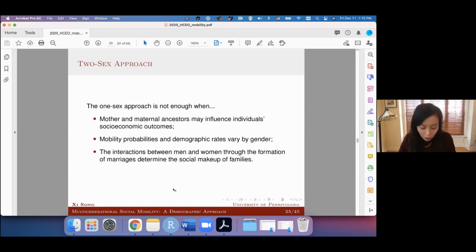And finally, we all know that assortative mating is a very important process that shows the interactions between the male and female populations and how they form marriages. The formation of marriages also determines the social background of the next generation.